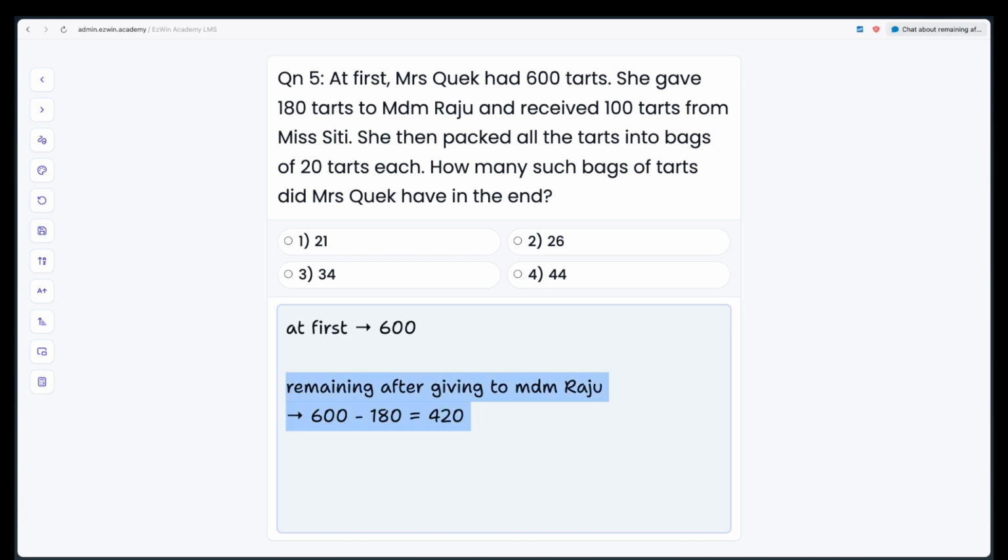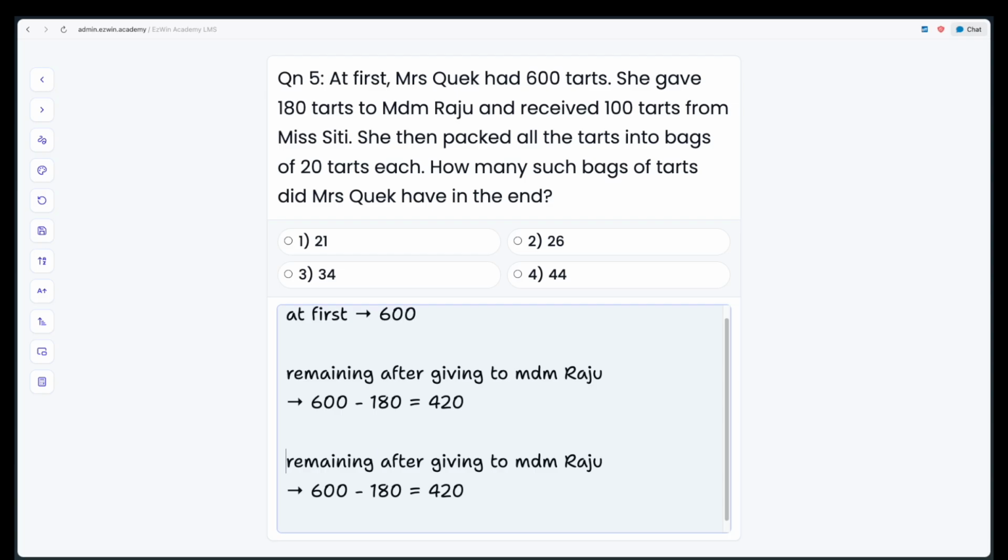Then after that, she received 100 tarts. So after receiving 100 tarts from Miss City.